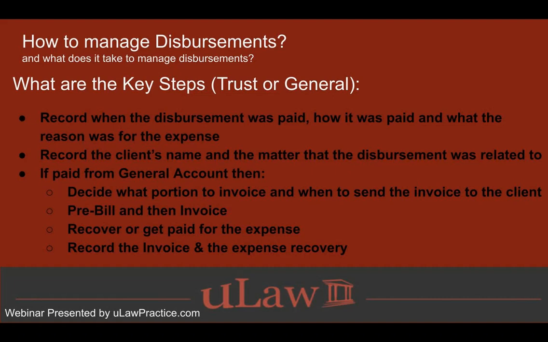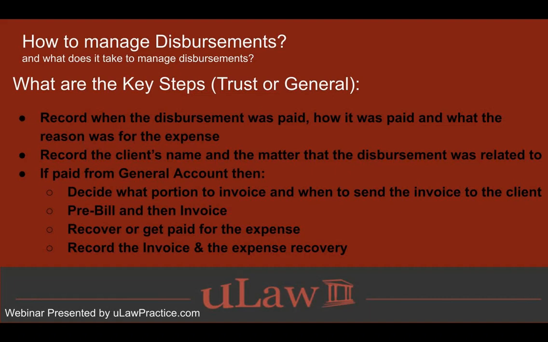As you follow your bank statement, where you see a withdrawal or a credit, you're able to see that the general account has been withdrawn with a check number or bank draft number or a reference number for an online transfer, for your process server fee or your filing fee or your courier charges, etc. So record when the disbursement was paid, which is the date, how it was paid, the method of payment, and what was the reason, basically the description of this expense.